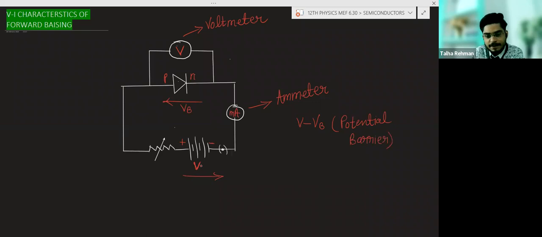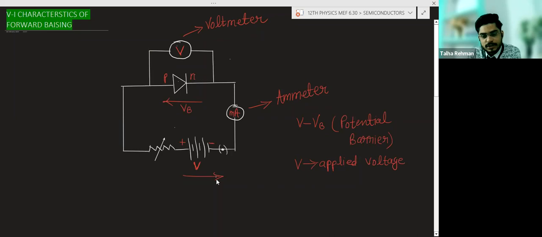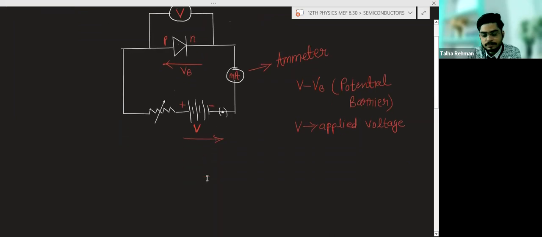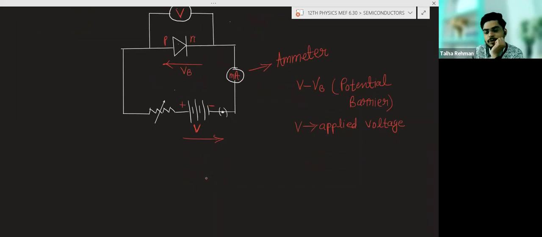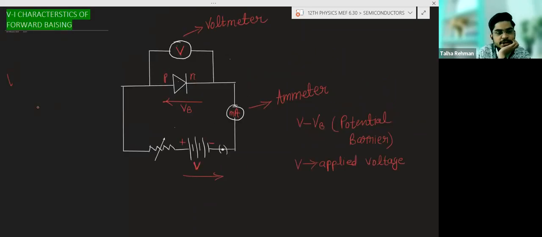For example, V is the applied voltage. Suppose the potential barrier is 0.7 volt, and the applied voltage is, suppose you are applying 0.5 volt.